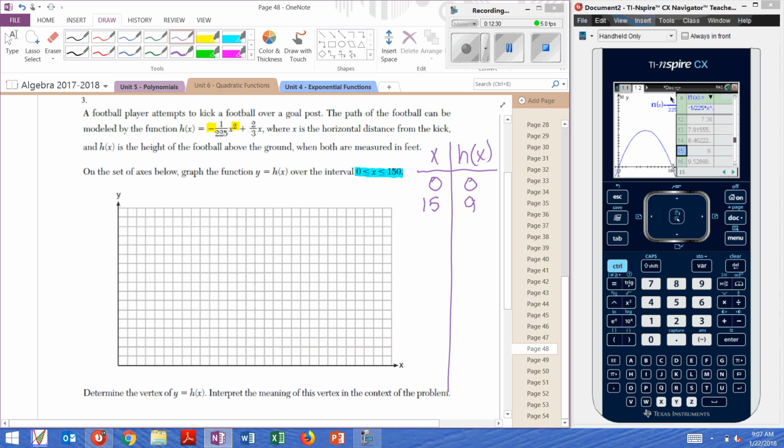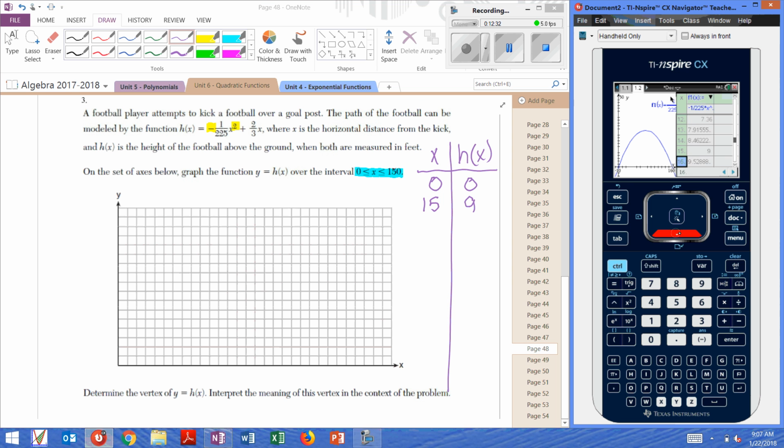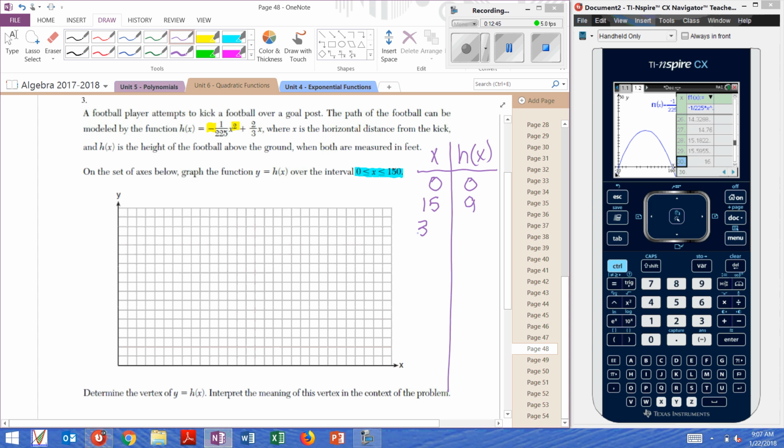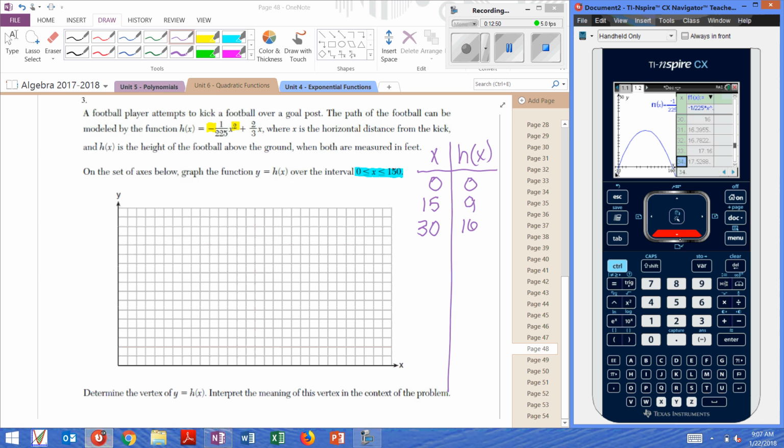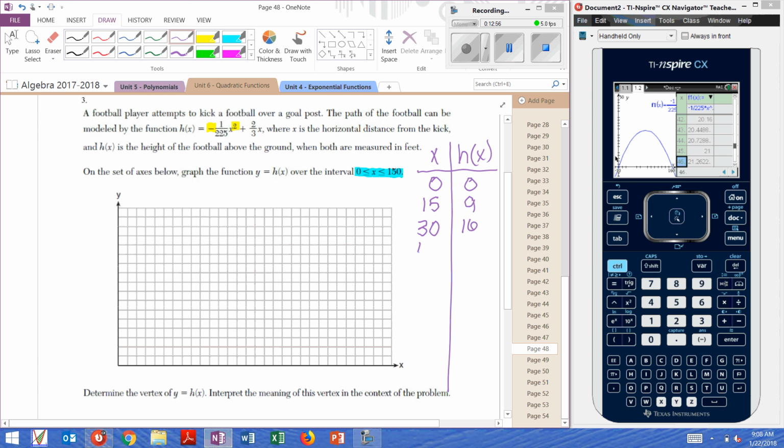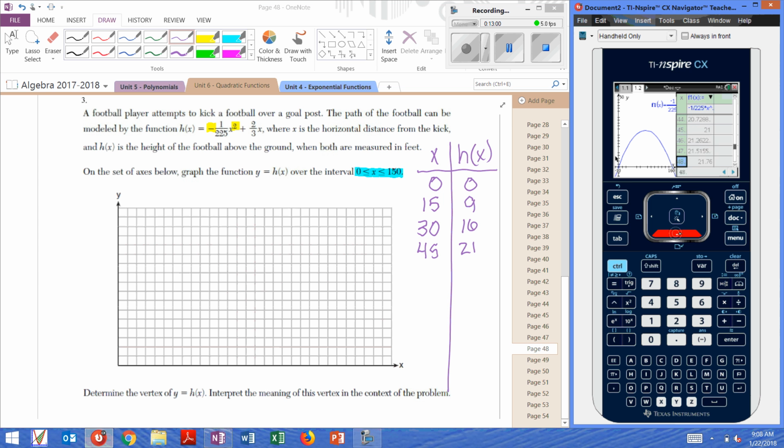So I am looking for that vertex so I can maybe cut my time a little bit short scrolling on my calculator. Well, my guess is if I went from 0 to 15, I'm going to go from 15 to 30 because I'm counting by 15s. So 30, 16, 45, 21. We're going to keep going with that.